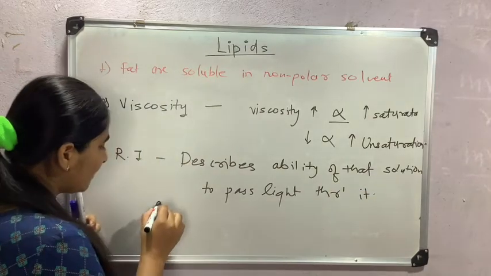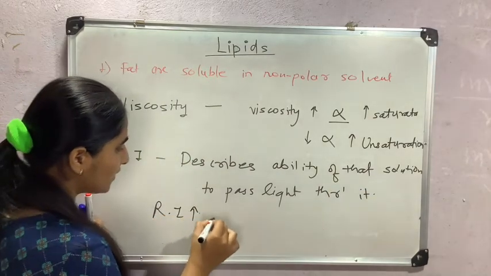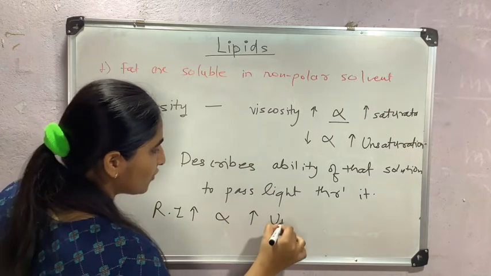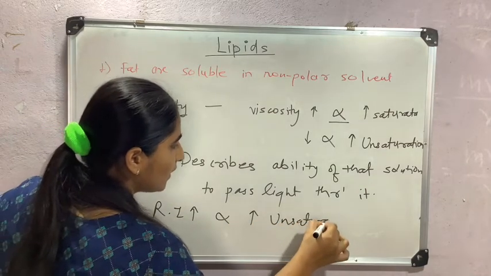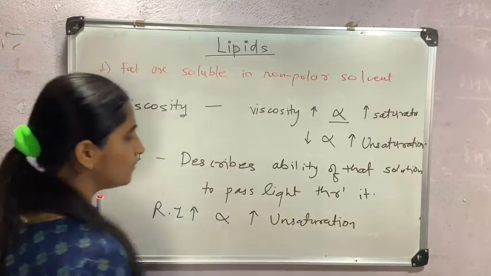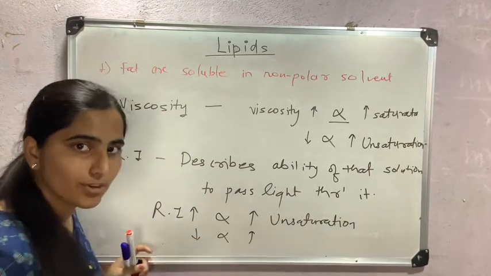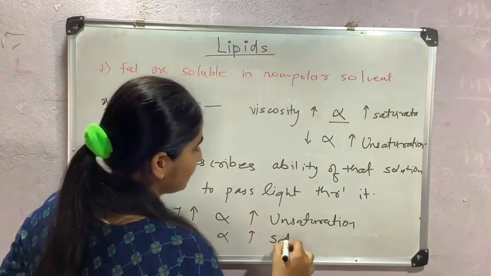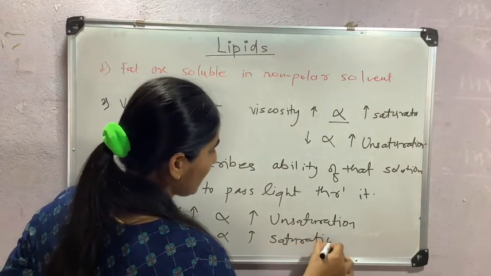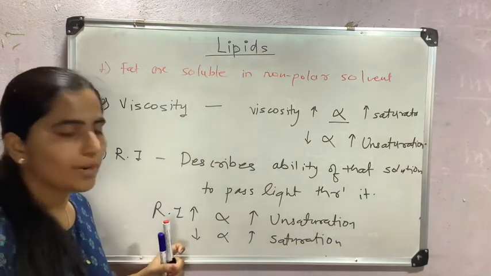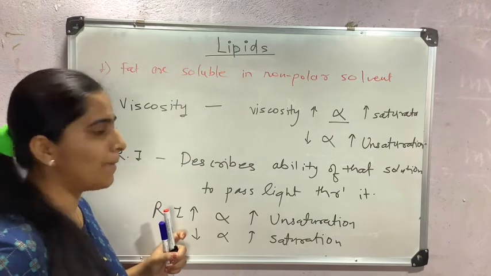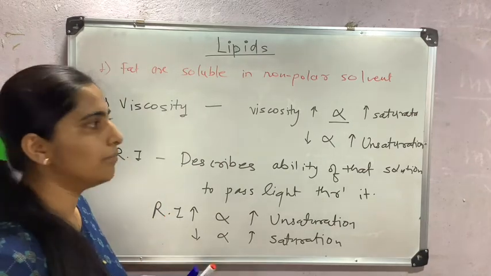This refractive index increases with an increase in unsaturation, and decreases with increasing saturation. With more refractive index, less light will pass, or light will pass slowly.